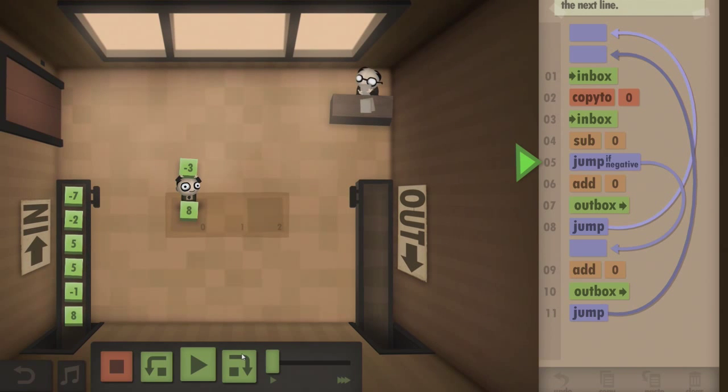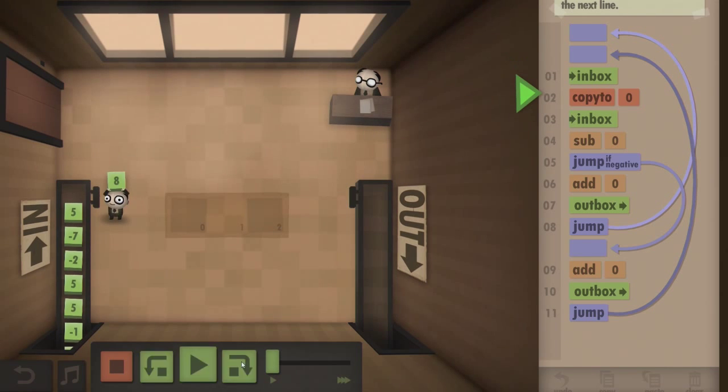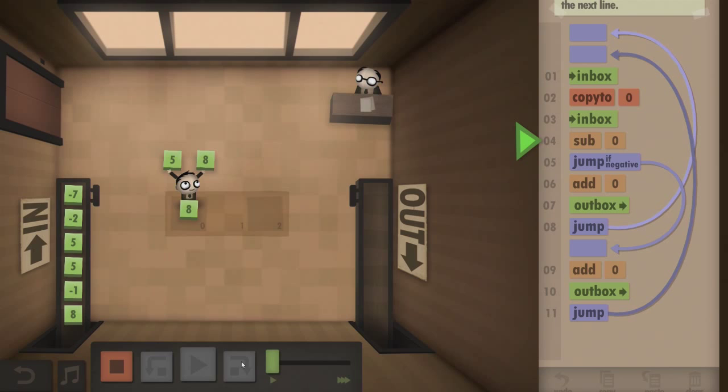How did I get this to work before? Let's go back. 8 and 5. Because it's a minus number, jump with negative.